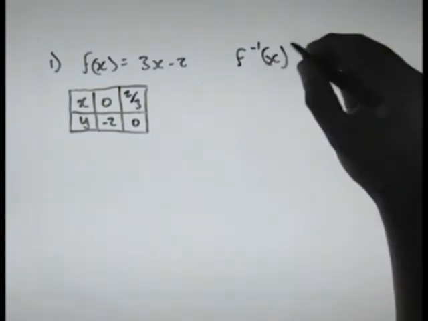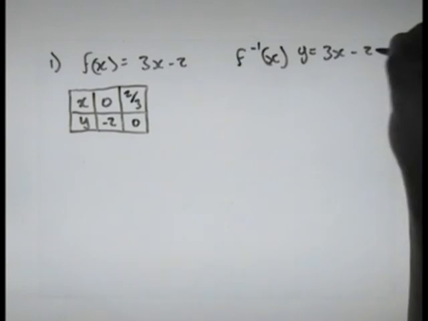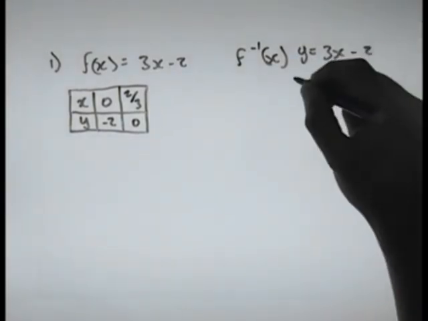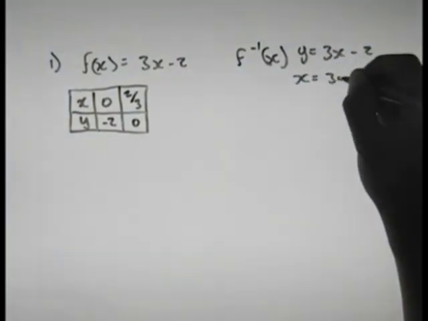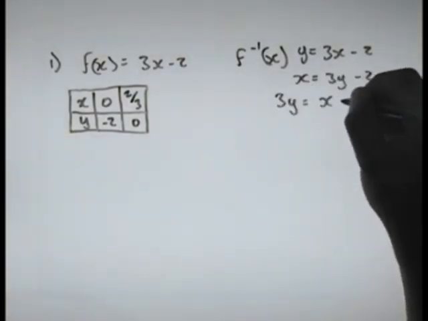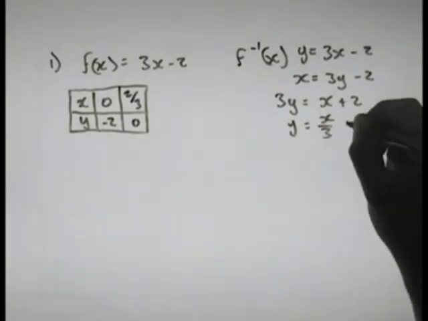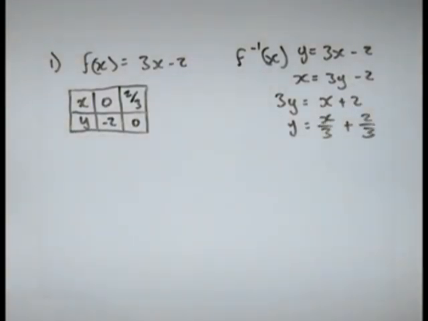Now the original graph reads y is equal to 3x minus 2, which means that the inverse graph is x is equal to 3y minus 2, which means that 3y is equal to x plus 2, y is equal to x over 3 plus 2 over 3.